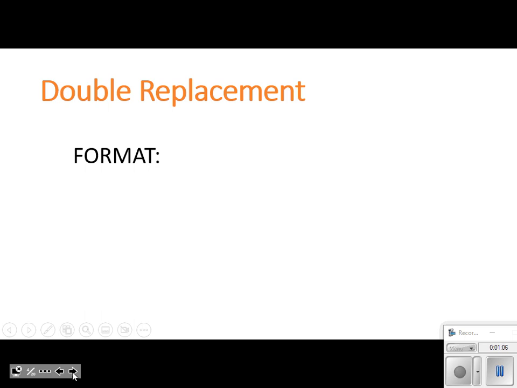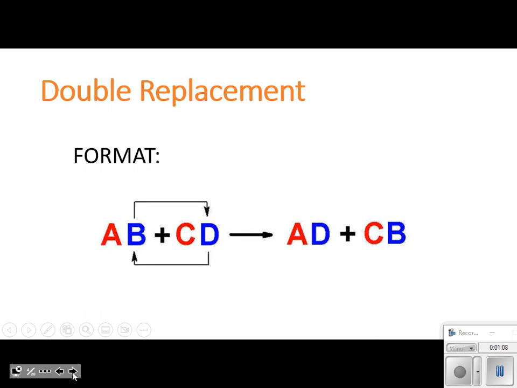When we're thinking of a double replacement reaction, we are thinking of two compounds as our reactants. So what's actually going to happen?